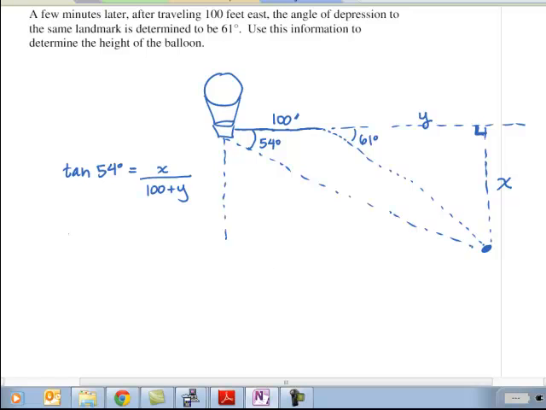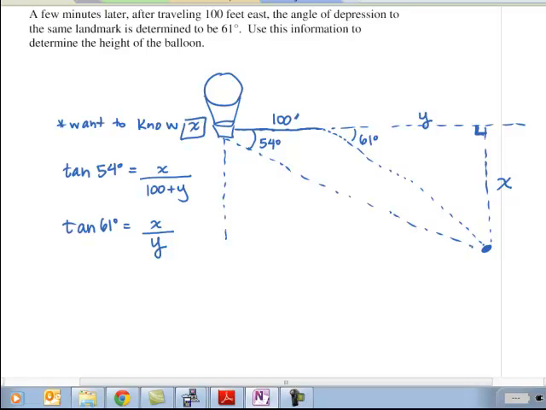And the tangent of 61 degrees would be x divided by y. And we want to solve for x. That's the thing we want to know, right?